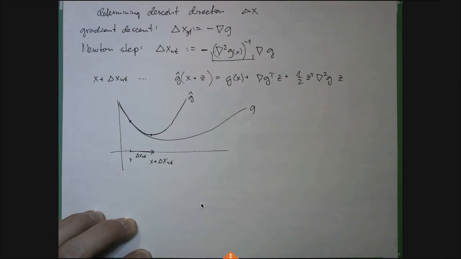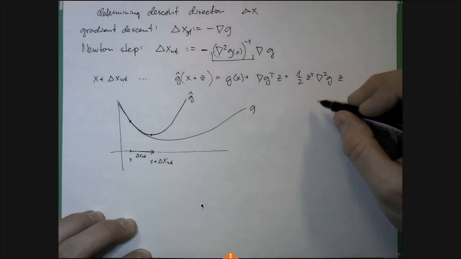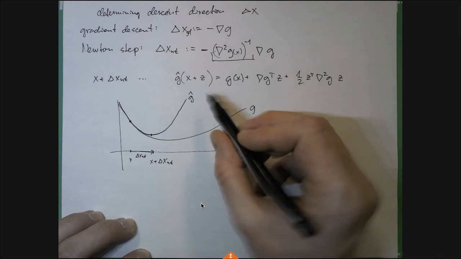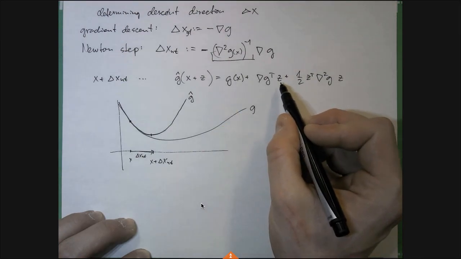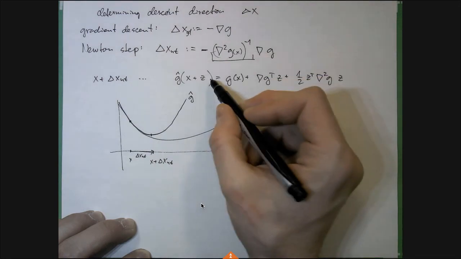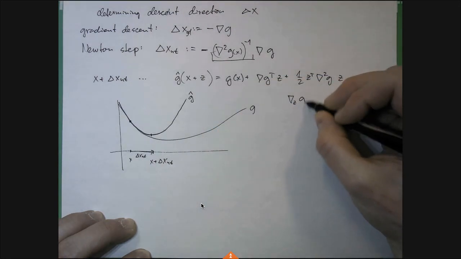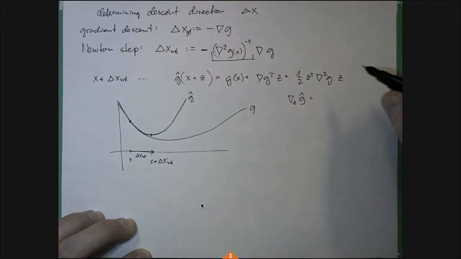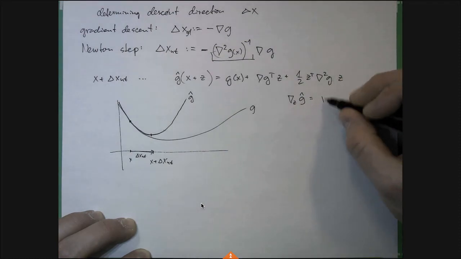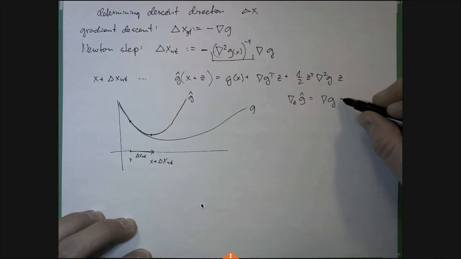So if I take the gradient with respect to z, because x is fixed here and z is the variable, of my g hat, then I will get the gradient of the original g without the hat, so don't let that confuse you, plus the Hessian times z.